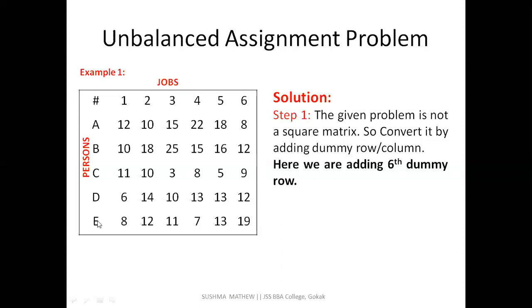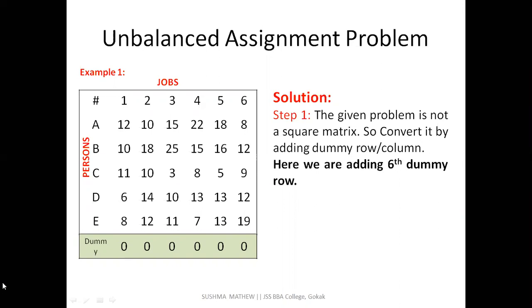So I am making that dummy row. I am adding that dummy row after E. Okay. So I'm adding the 6th dummy row. When we add it, it looks like this. Now see, there are 6 rows and 6 columns. So always remember with unbalanced assignment problems, in this problem there was a requirement of a dummy row.